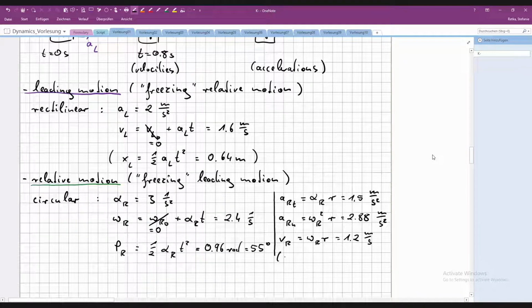It's not asked for, but to state all variables, that's angle times radius, and this is 0.48 meter. And here it's important to use the angle in radians and not in degree. Yeah. Radians times meter gives meter.